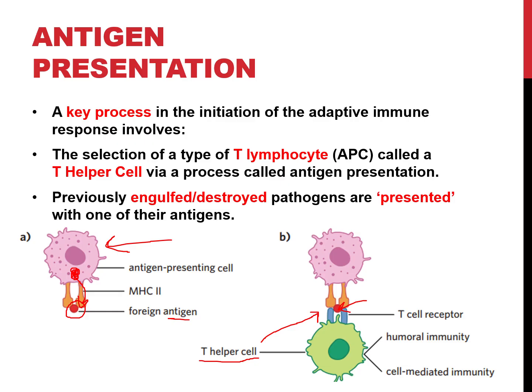That'll release some sort of other substance, and then that will go to other places and stimulate other cells as well. This does get a little bit complex, especially in the next video, but it is something super important to understand here.